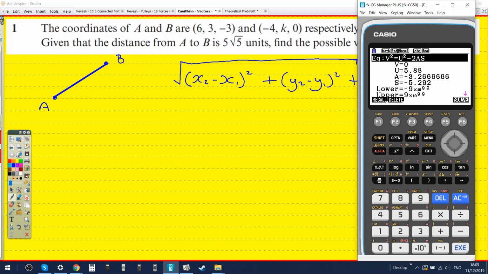So would you square each side to get rid of the root symbol? Yeah, you could.